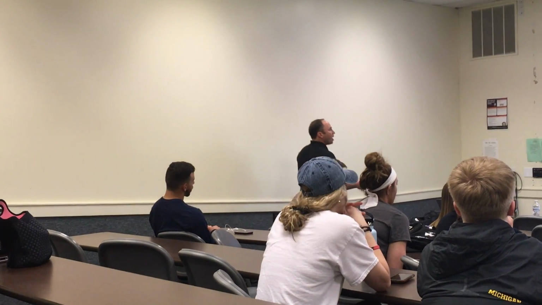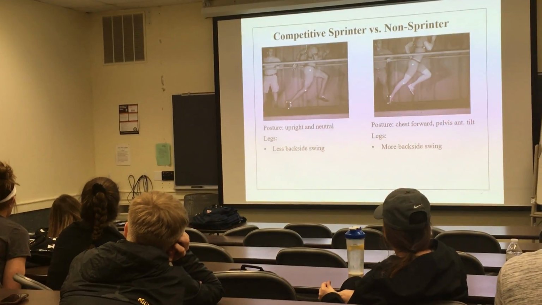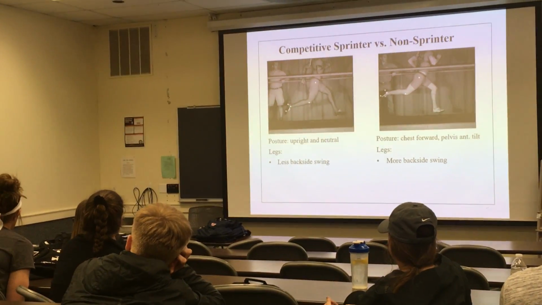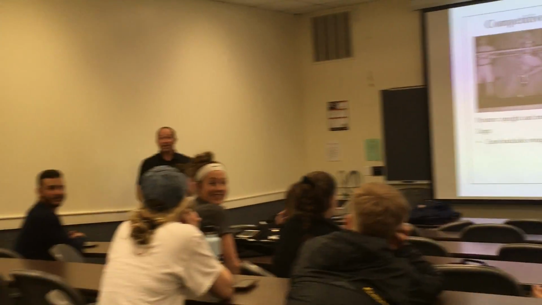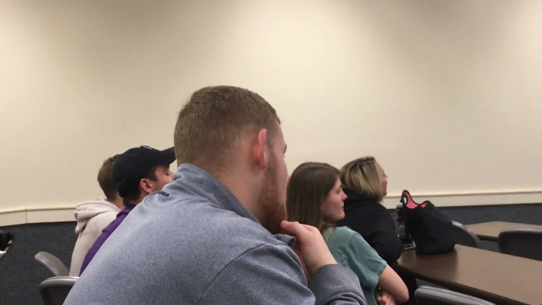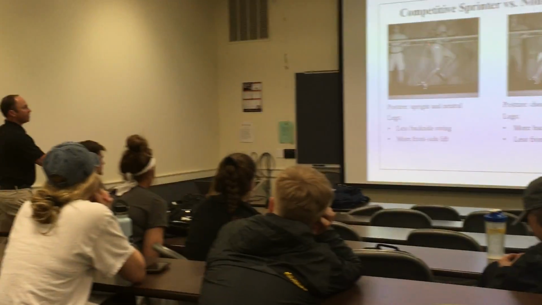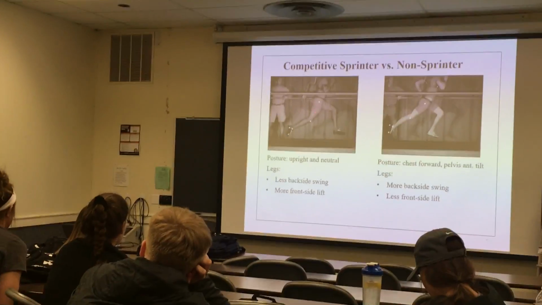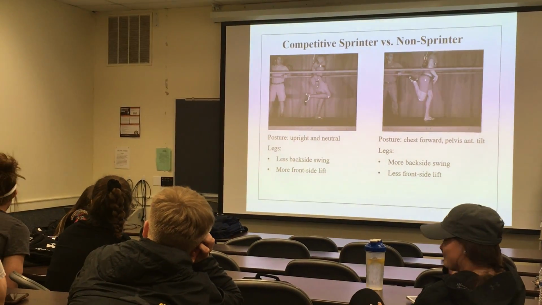But if I need to get my limb up in front of me to apply force, what can't happen? If my leg's way back here, can I get it up here? No, you'll have no force. Right. So the checklist is, I can't have it swing back far behind me so that I can get it way up in front of me.